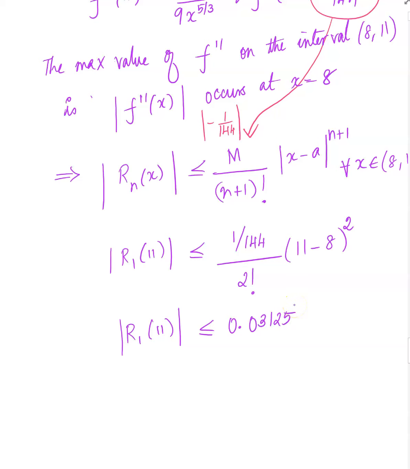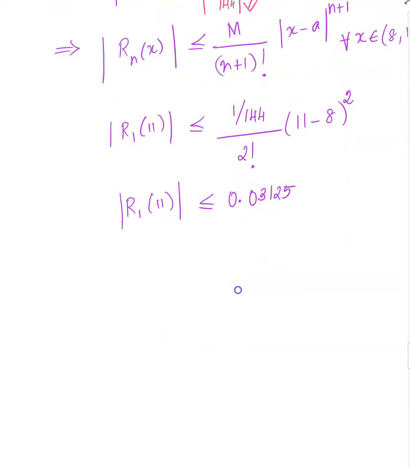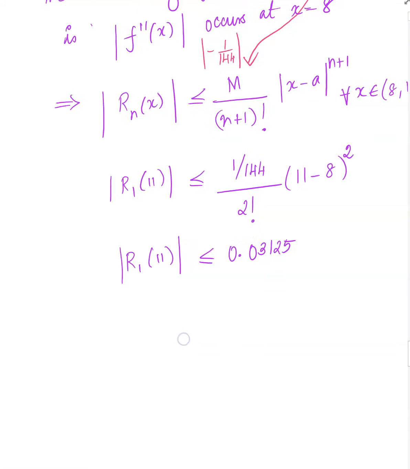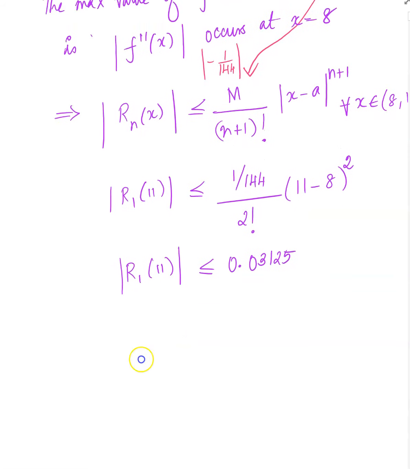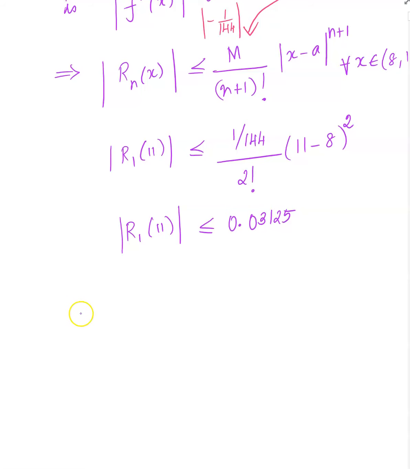And if we wanted to estimate R2 of 11, we will need the third derivative, so we'll have to go to the third derivative. So this is for one of them, and I will leave the other one to you. Do a similar pattern, but for R2 of 11, let me just write that part here.